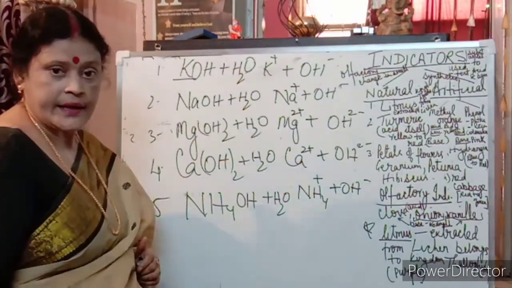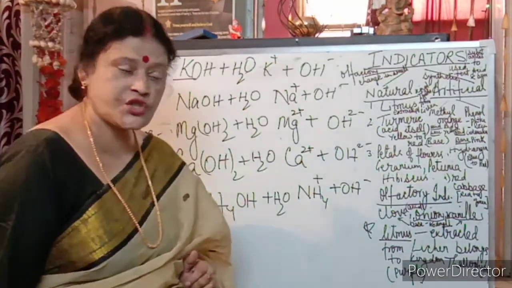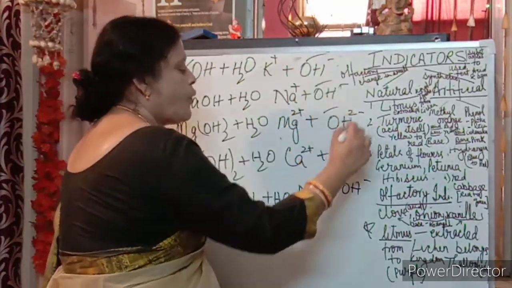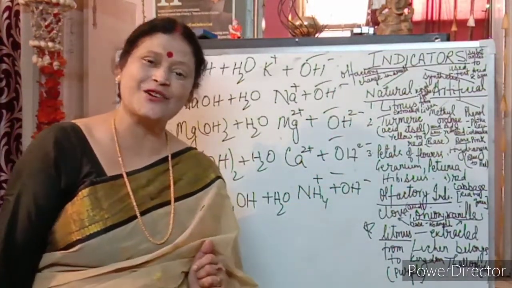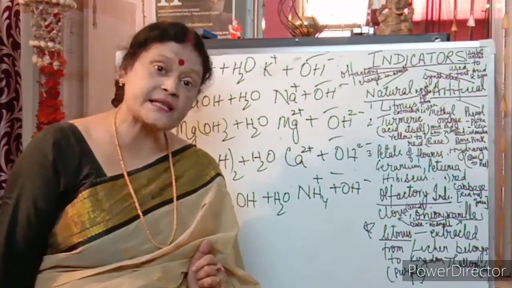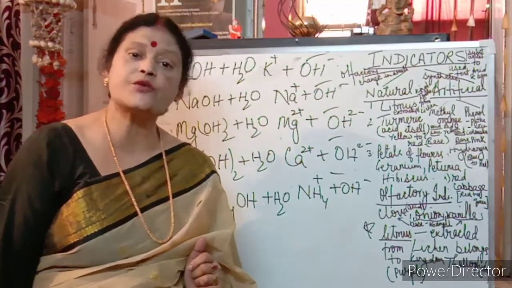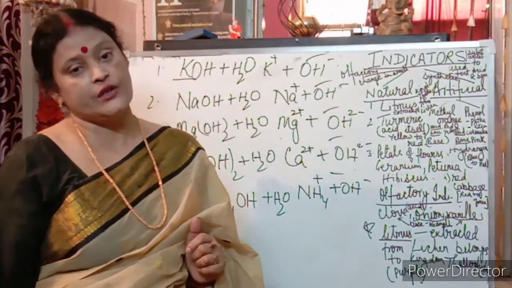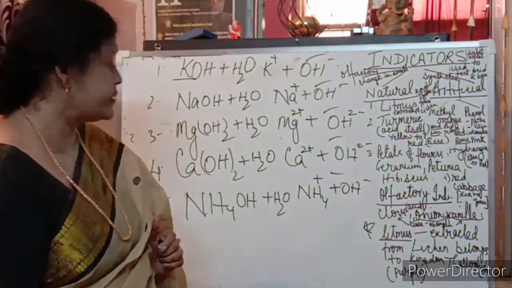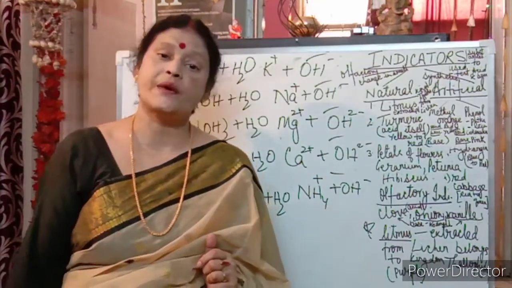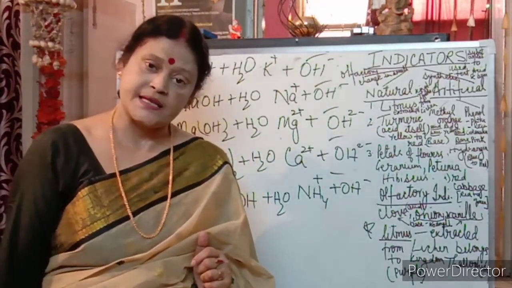See, students, in these reactions when it is dissociating, it is forming OH ions. That means these are all bases. So bases always release OH ions in aqueous solution. Again I am telling you here also that there are strong bases and weak bases.